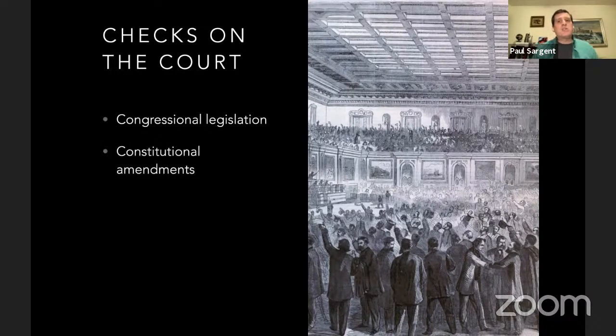There are also constitutional amendments. Now, this is a much more difficult path to go than congressional legislation, but if the Supreme Court says something is unconstitutional, there's no more solid way to get around that than to put it right into the Constitution. Many times, constitutional amendments have been brought up to try and overturn the flag burning case in Texas v.